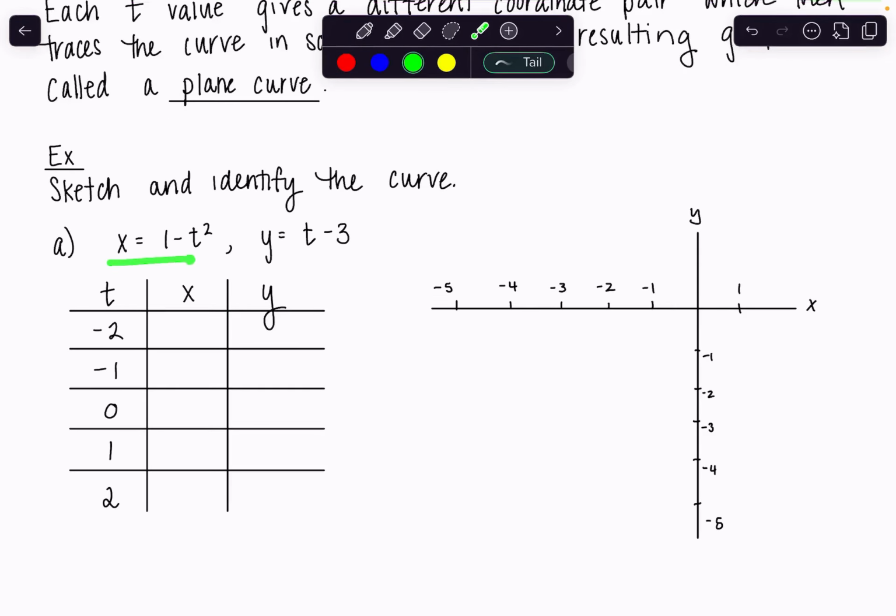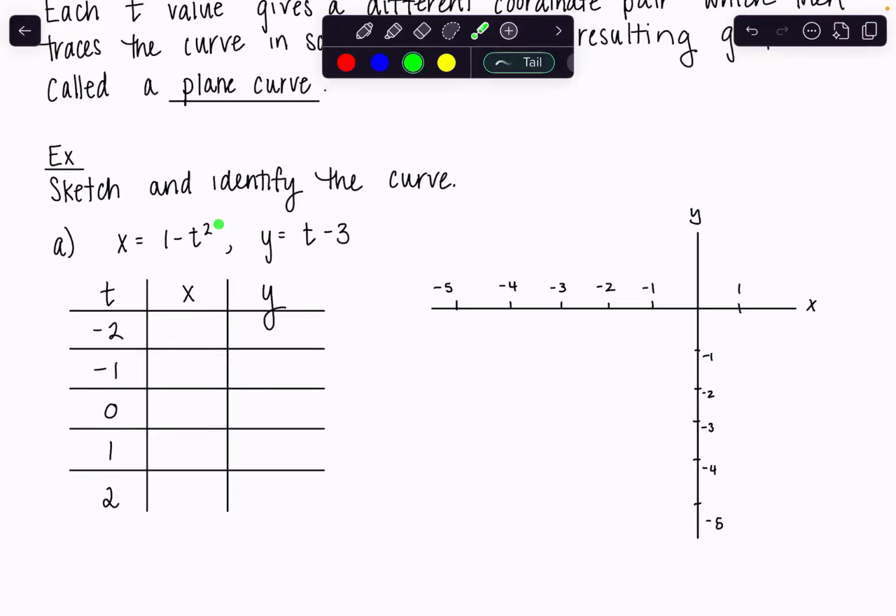So here is our x coordinate, here's our y coordinate, and I want to go ahead and graph this. Now I've gone ahead and I've picked some values of t to plug in, but usually you want some positive, some negative. Sometimes you'll be given bounds, so you're only graphing over a specific section. But here I've gone ahead and picked 5 points, and that should give us a nice idea.